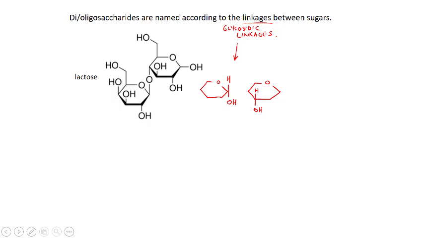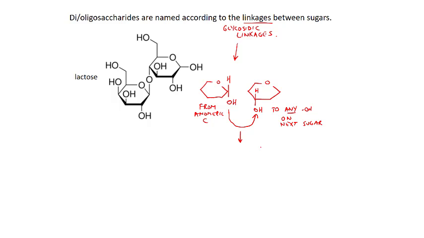So what happens in a glycosidic linkage is the following. The OH group on the anomeric carbon of one sugar essentially plugs right into the OH group of another sugar. So we have the OH from the anomeric carbon of 1 to any OH group on the next sugar.